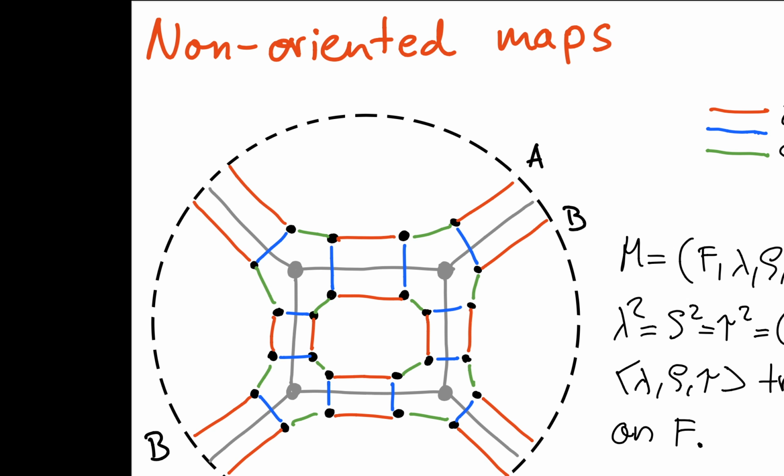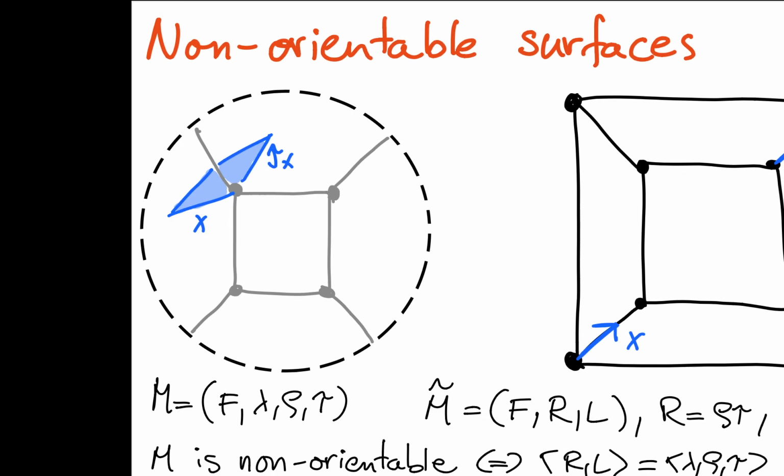So for orientable surfaces we prefer the easier description where we make use of orientation. So in general, the input of our algorithm is given as this four tuple. Then we have to decide whether it's an orientable or a non-orientable map. If it's an orientable map, we construct the oriented map representation described before. And if it's not, we do the following.